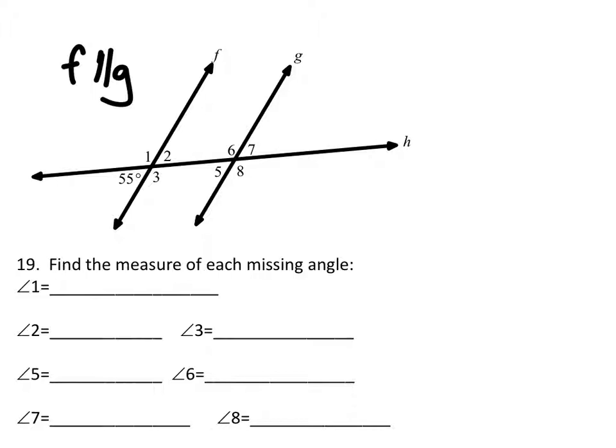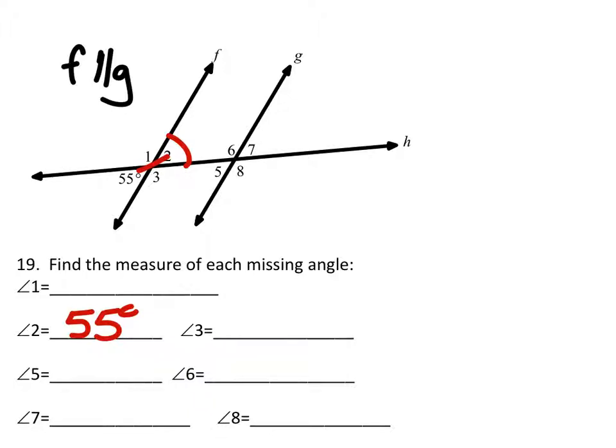So if they are parallel, then that means that corresponding angles, alternate interior angles, and alternate exterior angles are congruent. And vertical angles are always congruent. So that means that angle 2, which is vertical to this 55-degree angle, because it's through the vertex, would also be 55 degrees.